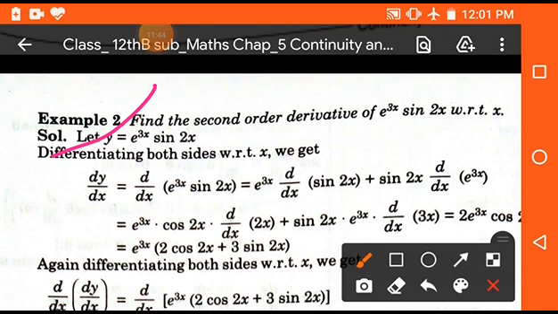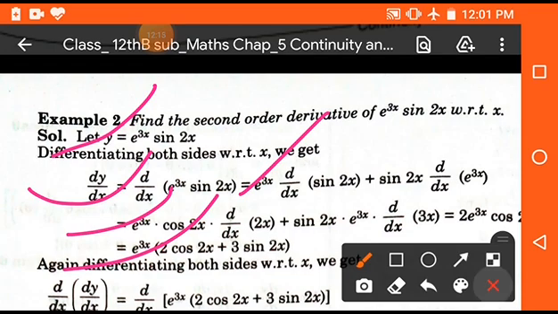So here we have to use the product rule. We get e to the power 3x into the differentiation of sin 2x plus sin 2x into the differentiation of e to the power 3x. So we get e to the power 3x into cos 2x and the differentiation of 2x, plus sin 2x into the differentiation of e to the power 3x, which is e to the power 3x into 3. So we get finally e to the power 3x into (2 cos 2x plus 3 sin 2x). Clear?